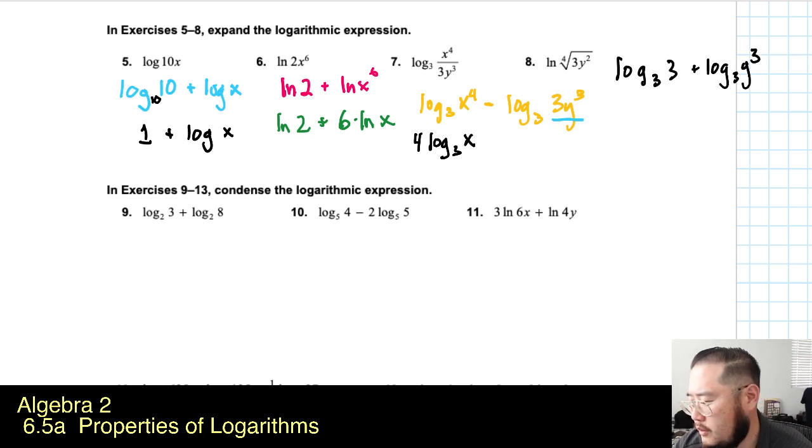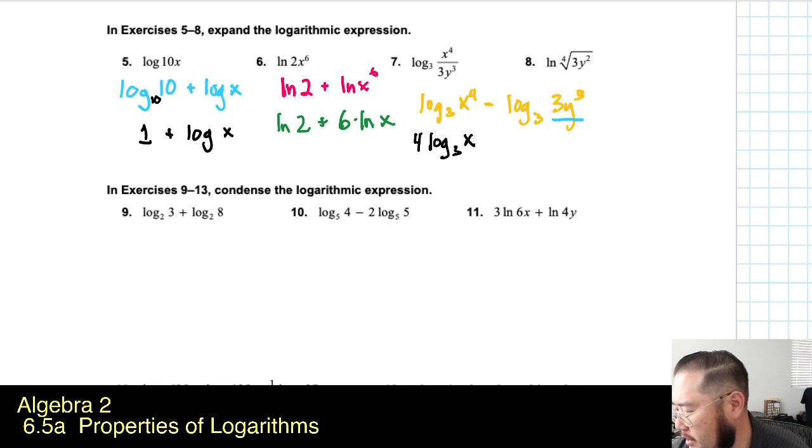So let's go ahead. I'll expand that part out. And right here we have a minus out in front. And then let's go ahead and put right here log base 3 of 3. And then we're going to have right there, since it's multiplying, it's going to be plus log base 3 of y to the third.